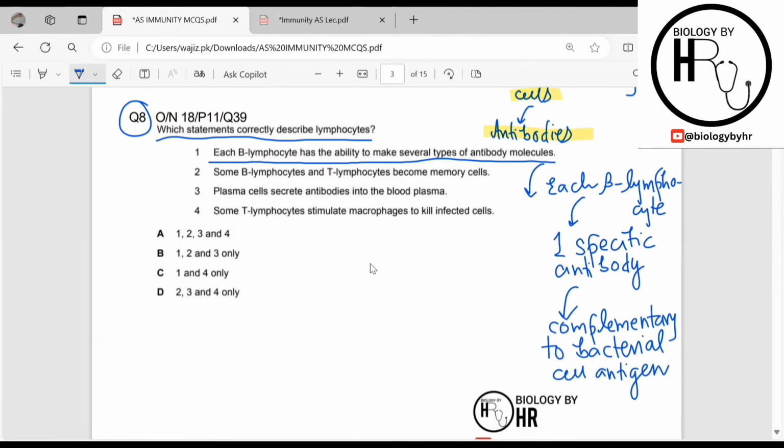And as it is complementary to only one specific type of antigen, it is going to kill a specific type of bacterial cell. So we can say that statement 1 is an incorrect statement.